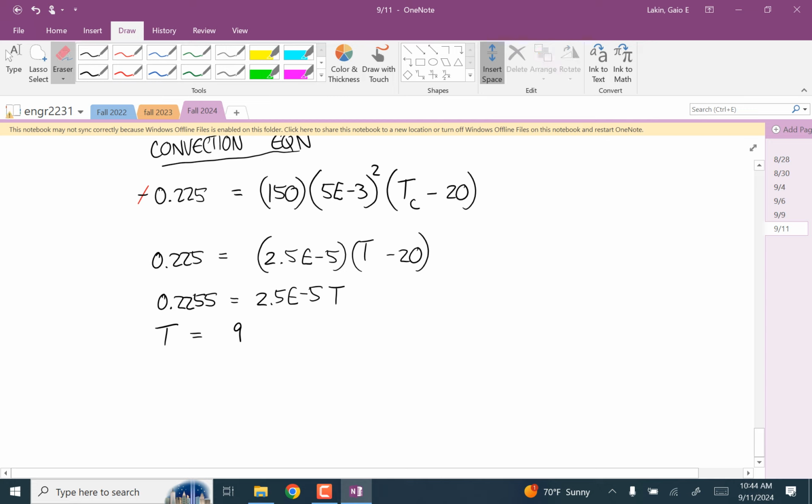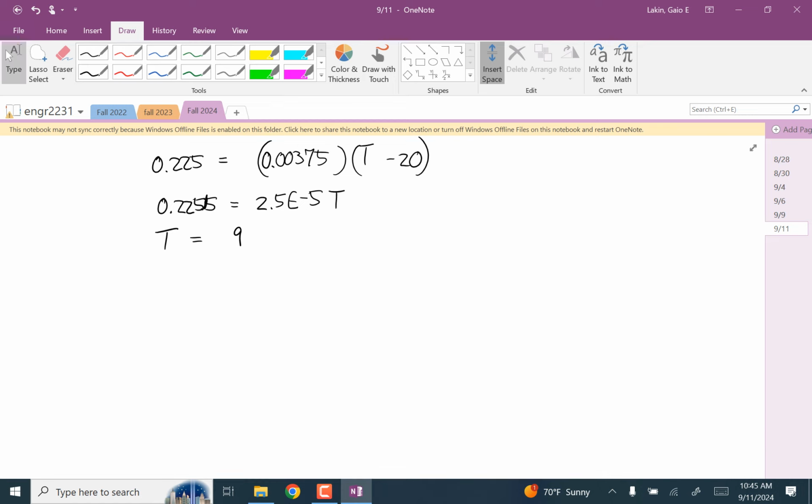Like, dang, that chip is doing a lot. I want to know what it's made out of. Yeah, it's very tough. Okay, so this should be 0.00375. If any of you guys take Physics 2, one of the tables in the Physics 2 lab has a very distinct burn in the shape of a transistor.